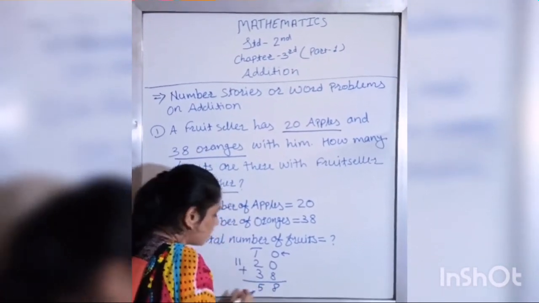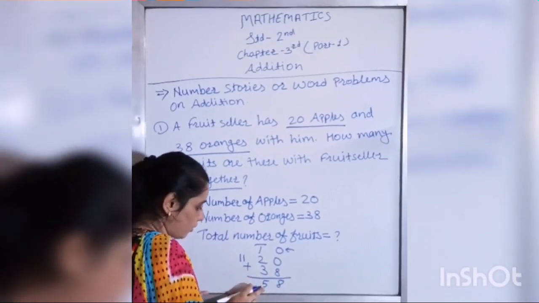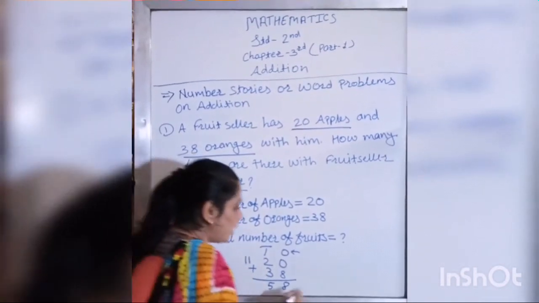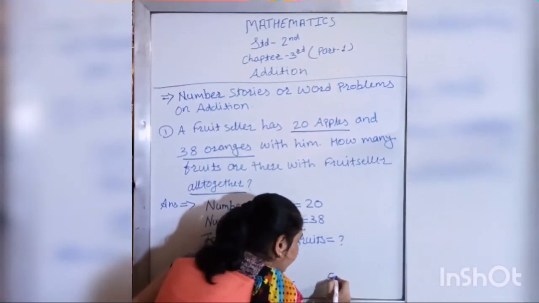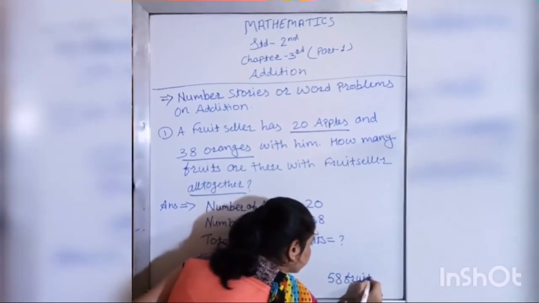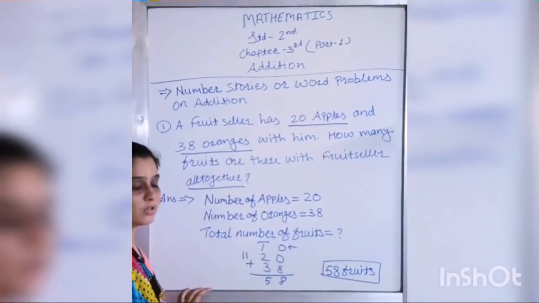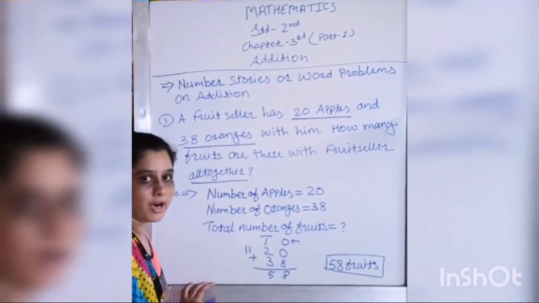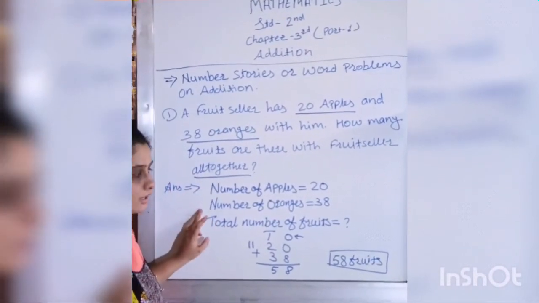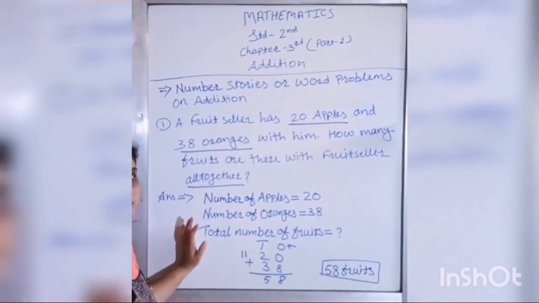So the sum of 2 plus 3 is equal to 5. How many fruits are there all together? 58 fruits. Understood how to solve the word problems. The statements which I have written here, we get from the question itself.